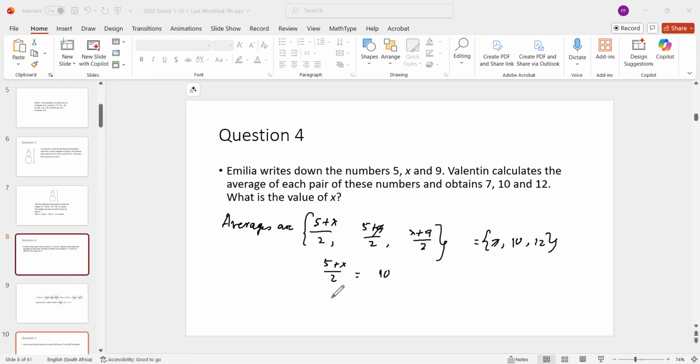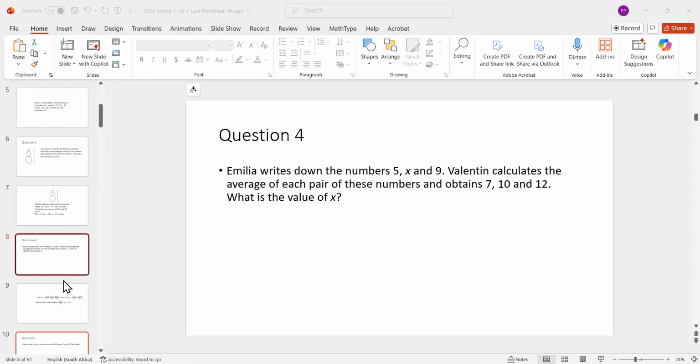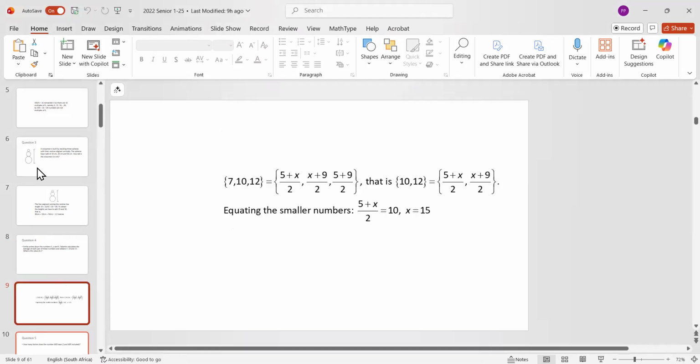Multiply by 2, 5 plus x is equal to 20, and x is 15. Okay, so the answer is 15. All right, that's the answer that I had calculated some time ago.